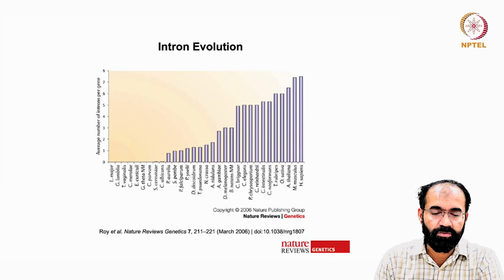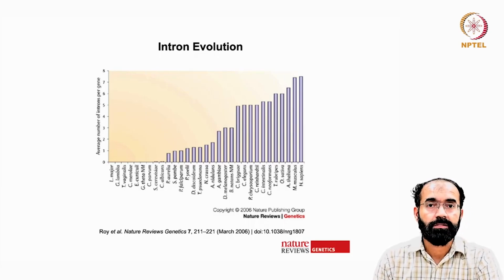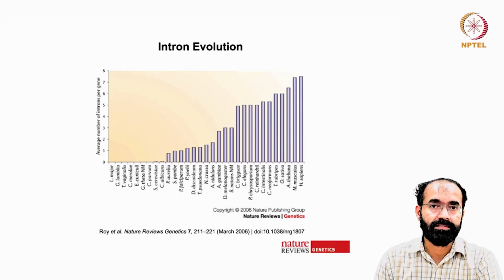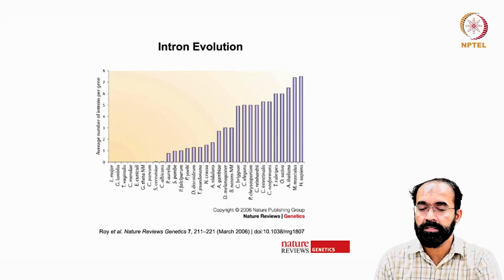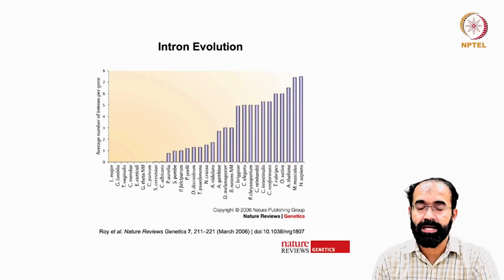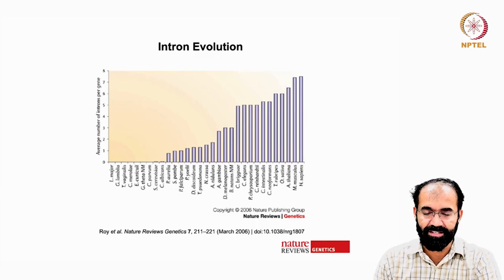So you have around 1 or 1.5 introns per gene on average, whereas in human we have around 7 to 8 introns per gene. Of course, it's an average number. There are genes in human with 1 intron or no intron, and some genes with maybe 20 or 30 introns. The average number is 7 to 8.